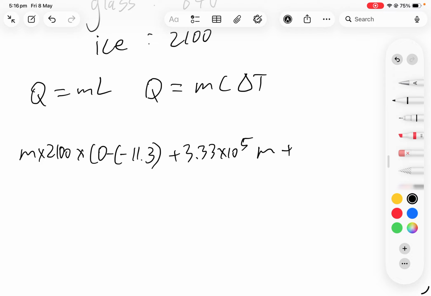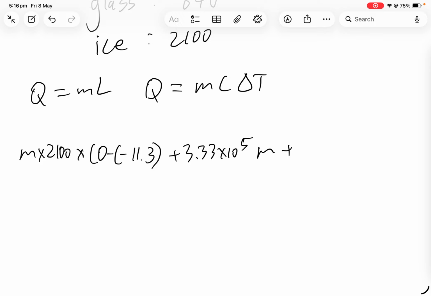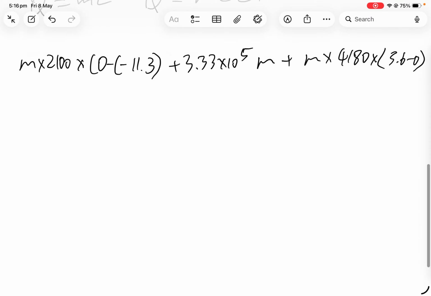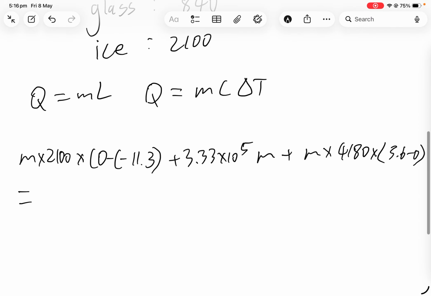We also have to add the water that the ice becomes, warming to 3.6. So m times 4180, as that's water now, times 3.6 take 0. And this all equals the actual tap water inside the drink.